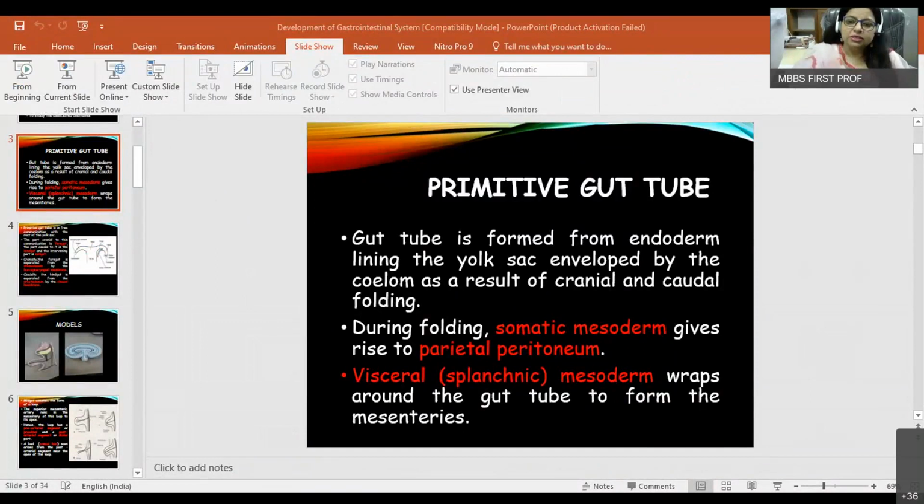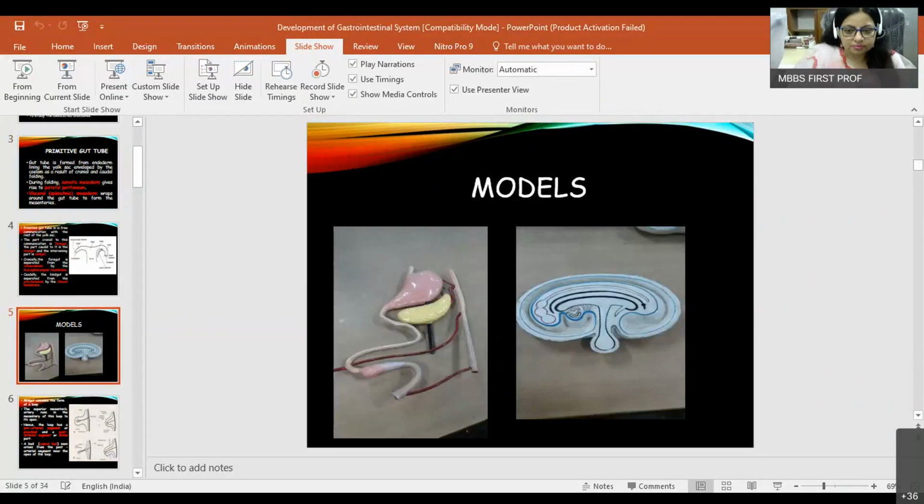See, here you can see two models. Is it visible, students? Please respond so that I understand that you are getting my point or not. It is visible. Okay, fine.